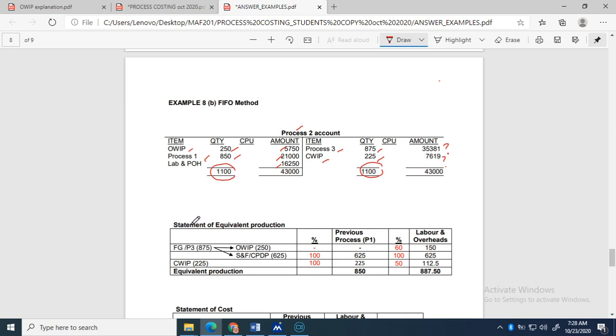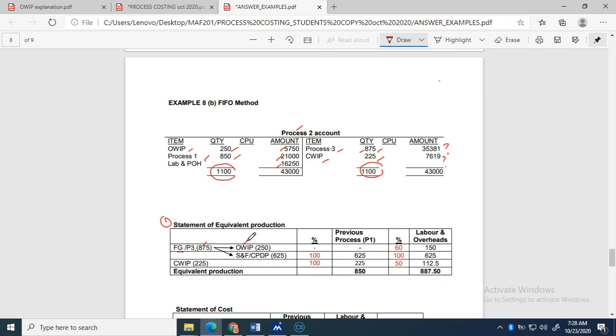Under the first in, first out method, the first statement that we have to prepare is the statement of equivalent production. We have process 3, which is finished goods, the output of process 2, the total is 875. We have to remember from the previous explanation that for finished goods, partly we receive from the last period, CWIP of the last period, to be opening work in progress in this period.